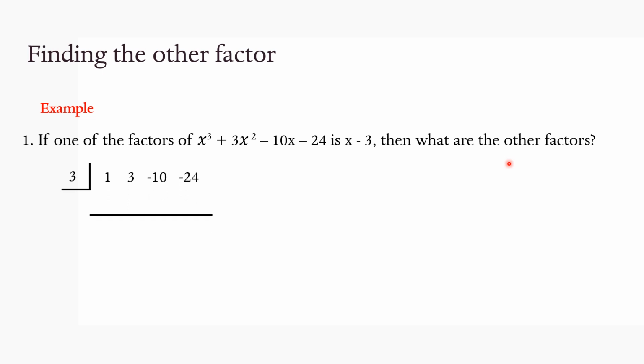Now bring down 1. 1 times 3 is equal to 3. So 3 plus 3 is 6. And 6 times 3 is 18. So negative 10 plus 18 is 8. And 8 times 3 is equal to 24.